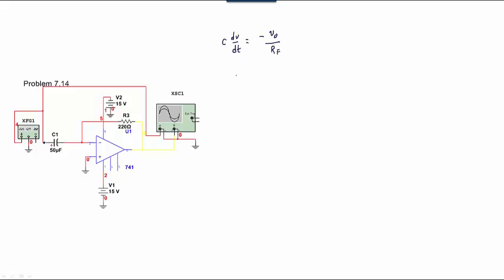Okay, but we have V of t right here. So my V of t, rather than it being a differential equation that we have to solve for, is this ramp function that I had.